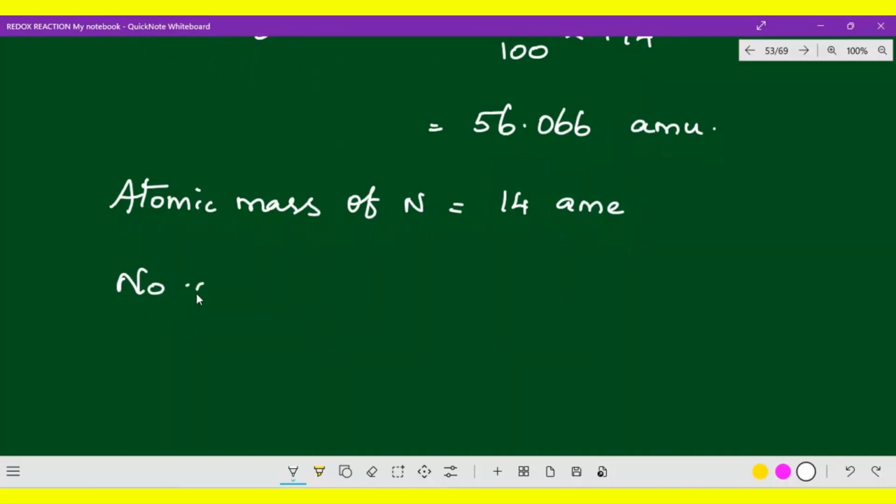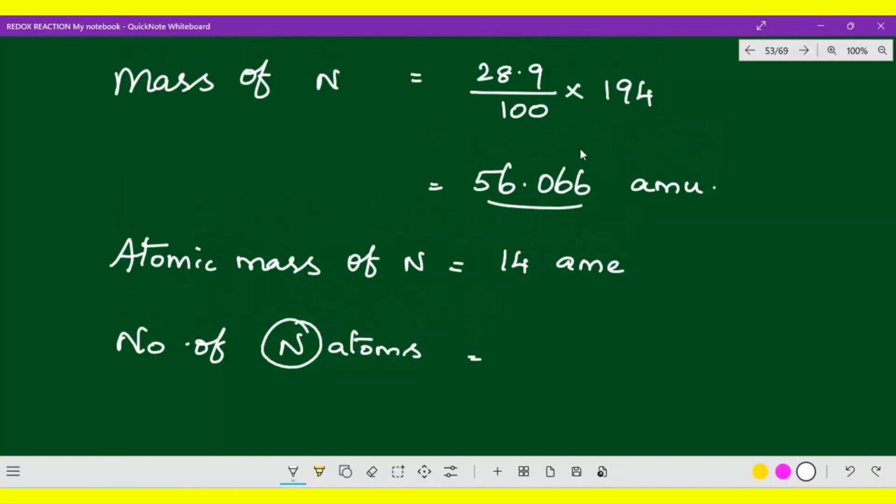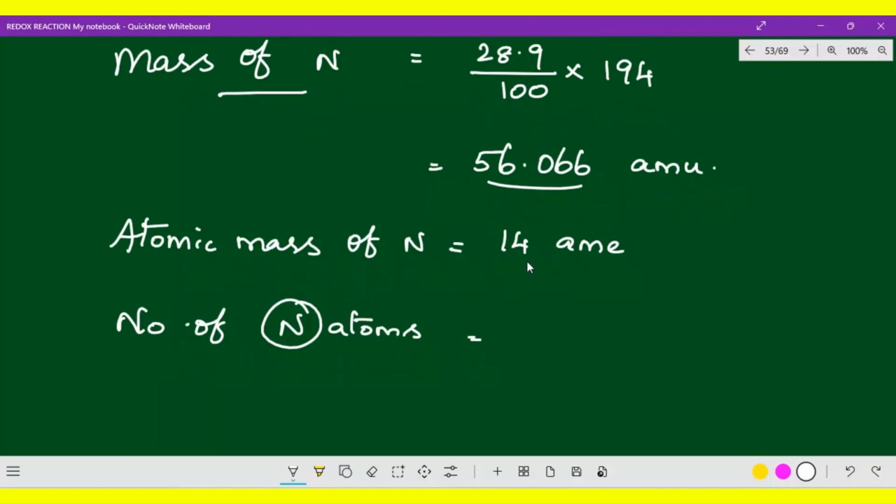Number of nitrogen atoms equals the mass of nitrogen divided by the atomic mass of nitrogen. The mass of nitrogen in the compound is the given mass. So 56.066 divided by the atomic mass, 14.